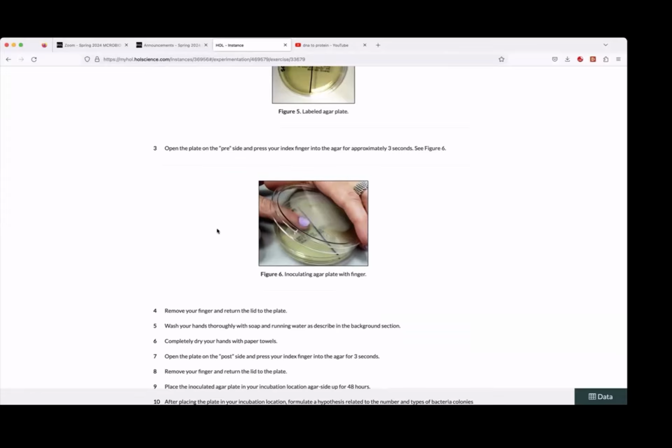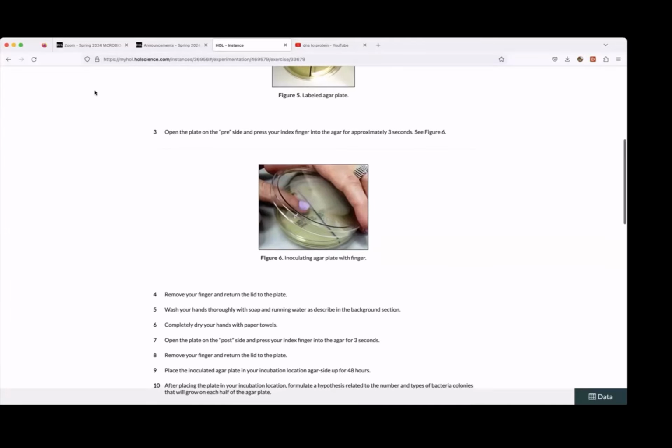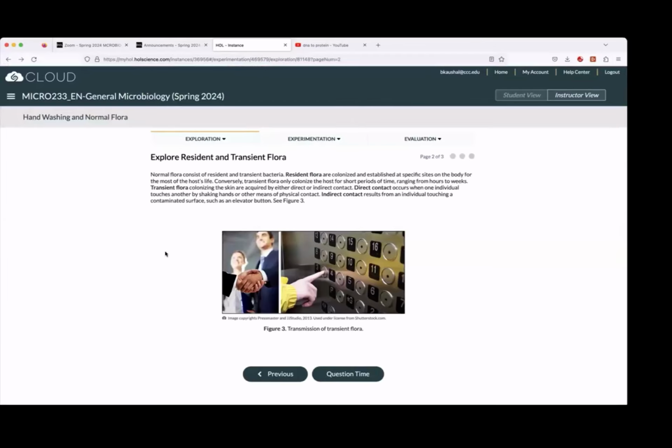So I want you guys to ask, what do you expect before and after washing the hands? Because now you have an idea of how bacteria grow, and what should you expect? What do you think should happen? Will you see growth after washing your hands on the Petri plates?